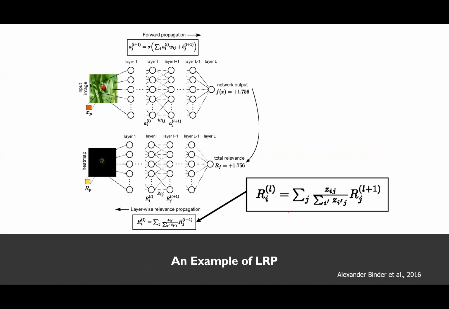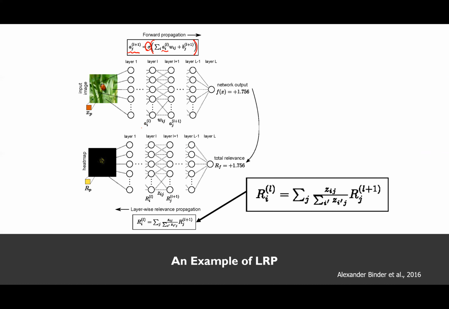If we demonstrate that as a figure, there is a nonlinear function. This is the activation of node j in layer L plus 1, and this is the activation of node i in layer L. That will be multiplied with W_ij and added with bias, and treated with the nonlinear function.